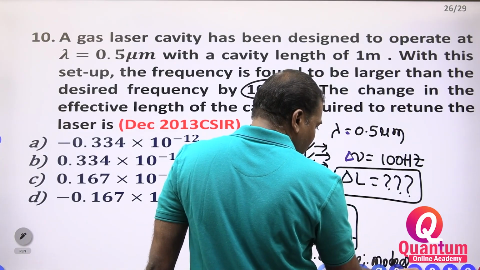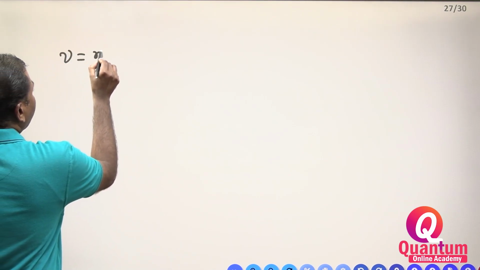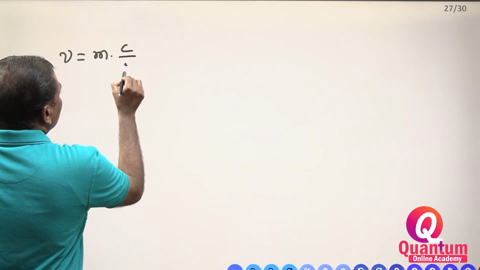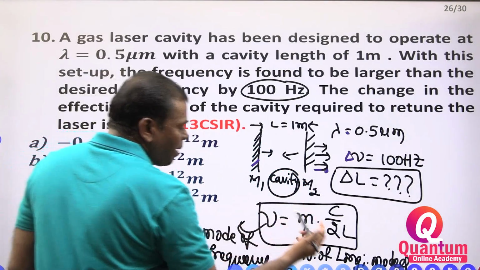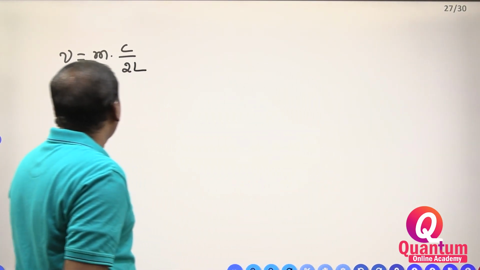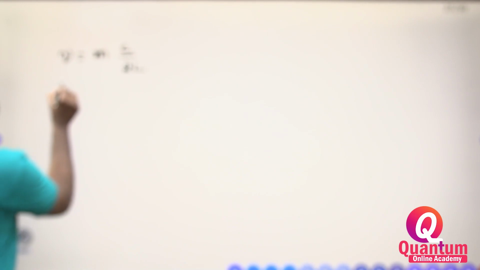How do we calculate it? Mu is equal to m into C by 2L, correct? Now you have to differentiate explicitly on both sides.